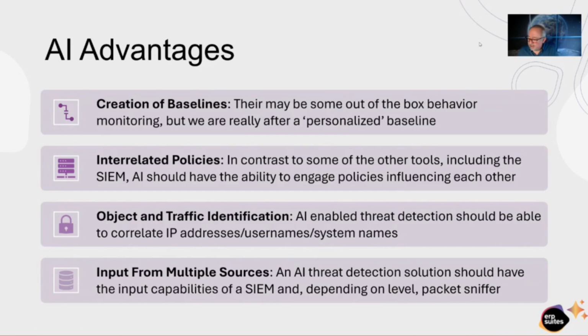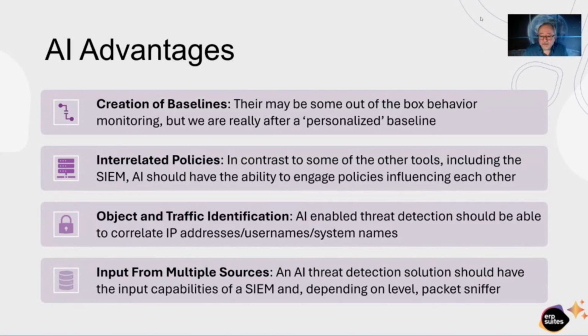I also saw an email that this user got before this traffic started. So these things should influence each other in a good AI powered threat detection. Now, we wouldn't have that without the AI or machine learning. It would just be policies in different systems, and the SIEM would then report it to us. So the power of AI in threat detection comes down to, well, one of the big points is interrelated policies that influence each other.